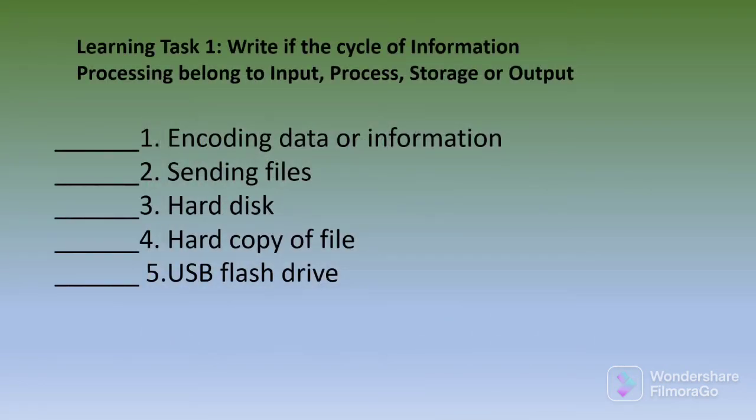For your learning task 1, write if the cycle of information processing belongs to input, process, storage, or output. Number 1, encoding data or information. That is input. Sending files.